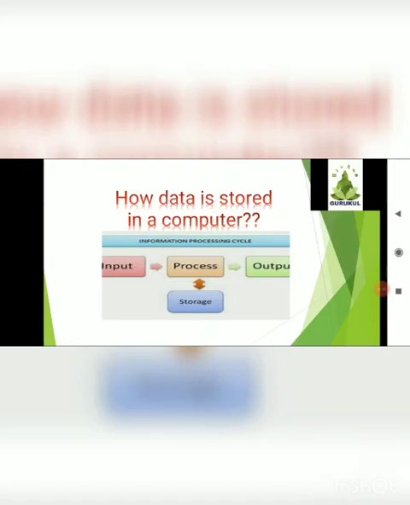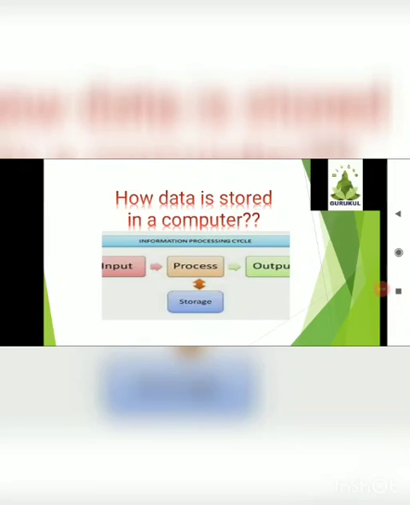Kids, whatever input we are giving is in a human acceptable form, meaning the language that we understand. The computer doesn't understand our user language. So we need to convert the human acceptable form or human language into the machine language which the computer can understand.